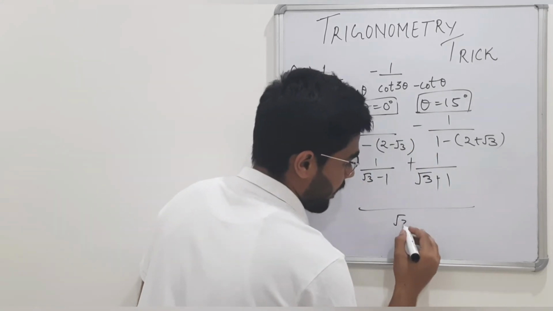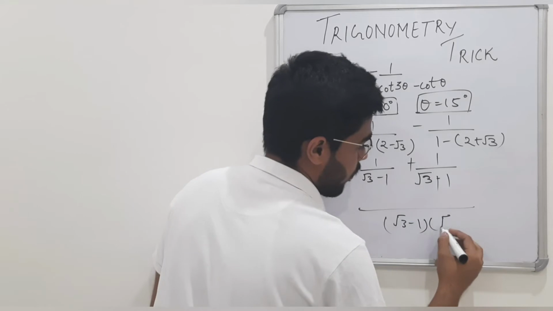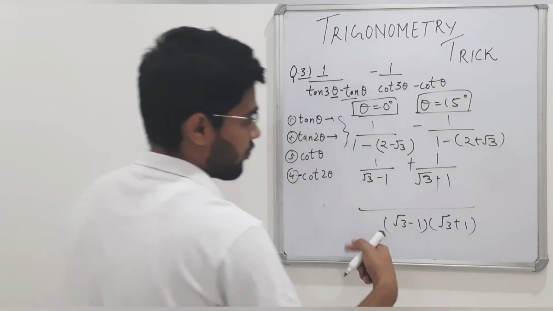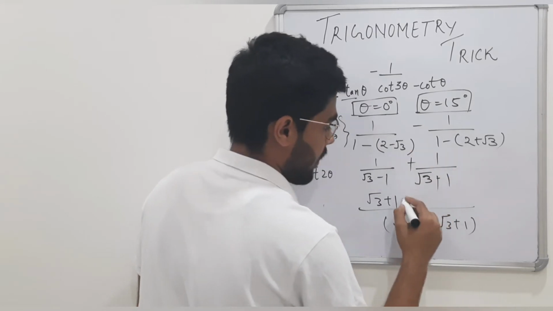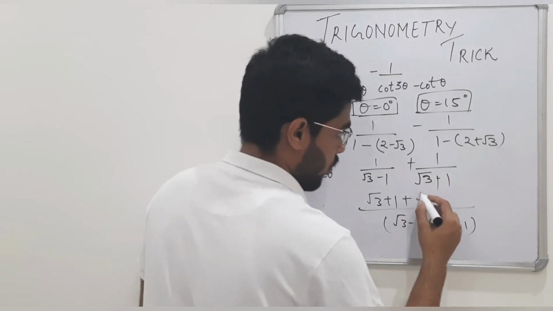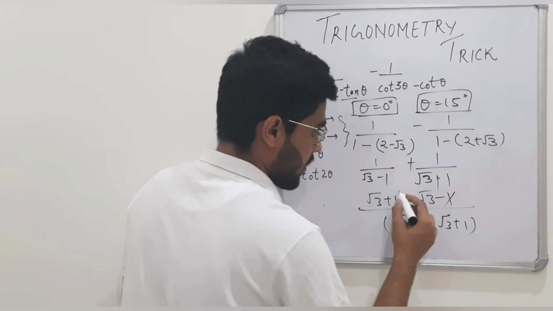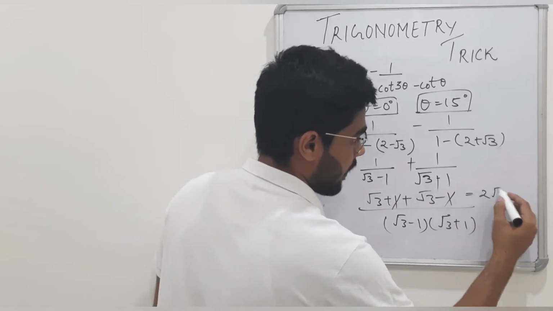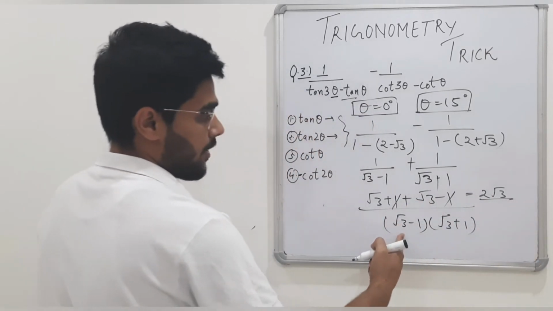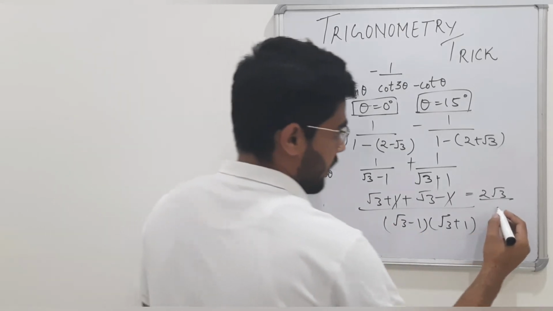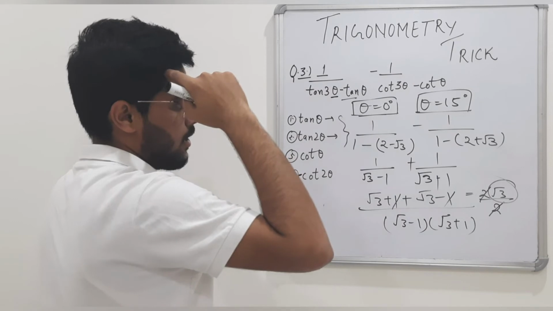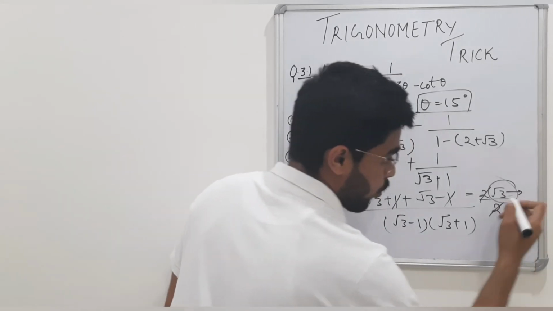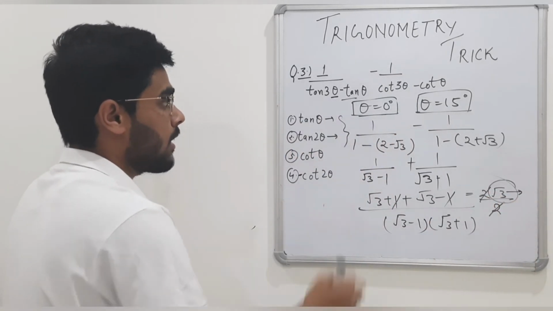So this will be root 3 minus 1 and root 3 plus 1, root 3 minus 1 and root 3 minus 1 cancel, root 3 plus 1, and here it is plus, so root 3 minus 1. This and this will cancel, this will be 2 root 3 upon root 3 squared minus 1 squared, that is 2, this and this will cancel, and we get root 3. So this whole equation is reduced to the value root 3, and now you have to put theta equals 15 in the options.